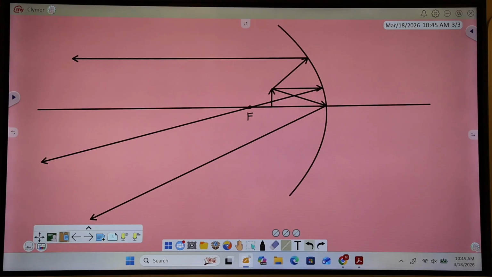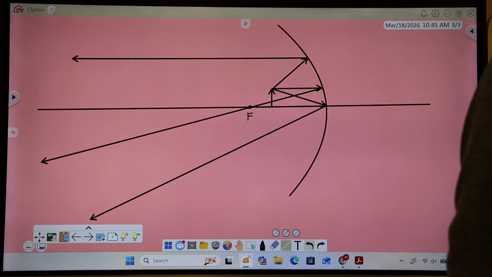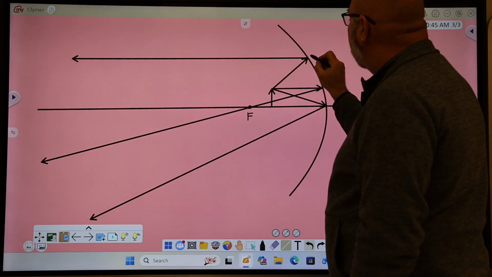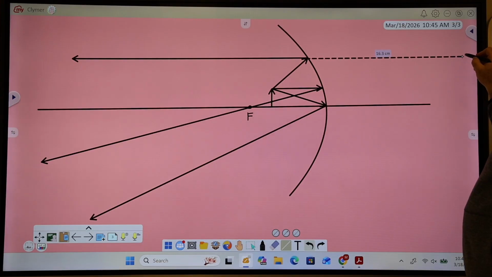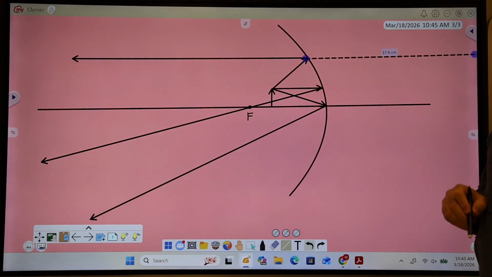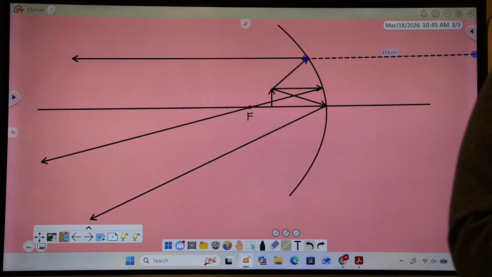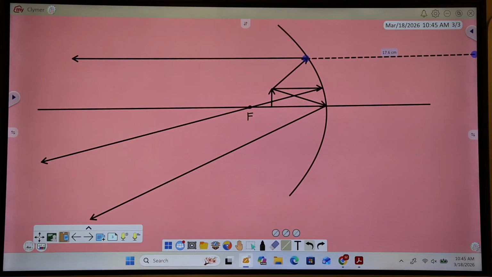So what you need to do here is take your reflected rays and carry them through the mirror. What does that look like? Well, for this particular reflected ray, you just carry it backward through the mirror. You do this for all 3 of your reflected rays once you've drawn them.